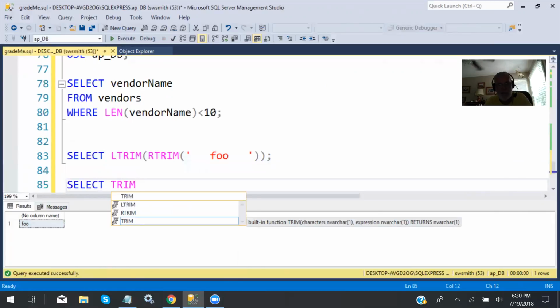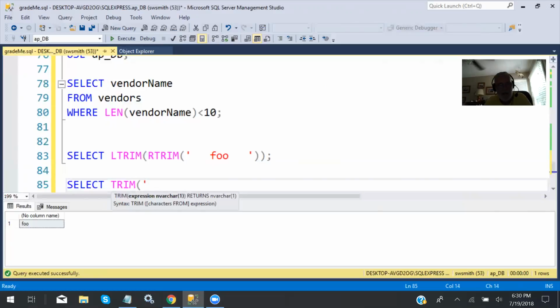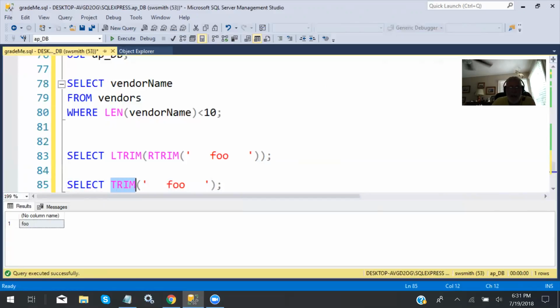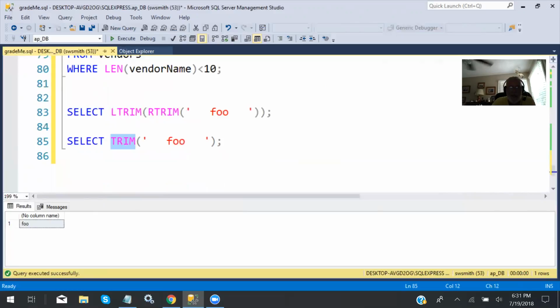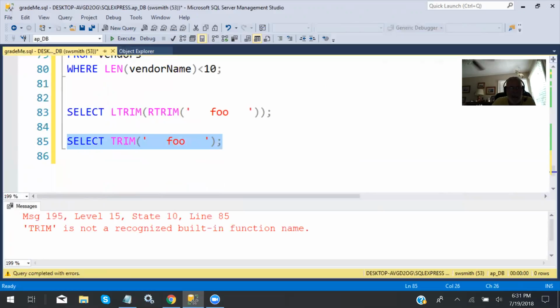Many databases will provide trim, just plain trim. And now that's giving me, I'm surprised this isn't giving me an error. This must be something new because SQL Server 2012 would have given me an error. I'm in 2016, so I guess this works. There it is. Trim is not recognized in this guy.